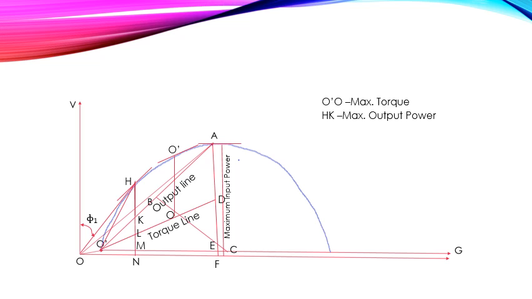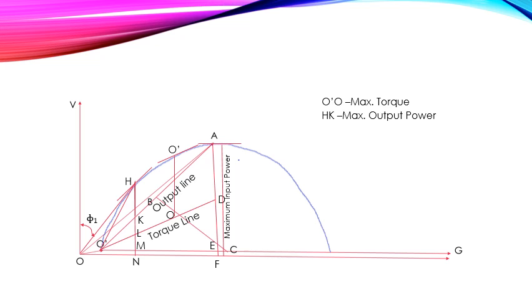Then to get the maximum input power, drop a perpendicular from point A. And how to get the point A: draw a line parallel to the O dash Z or OF, then that will be tangent to the semicircle, right? That will cut the semicircle at point A. Then the vertical intercept AF will indicate the maximum input power, right?